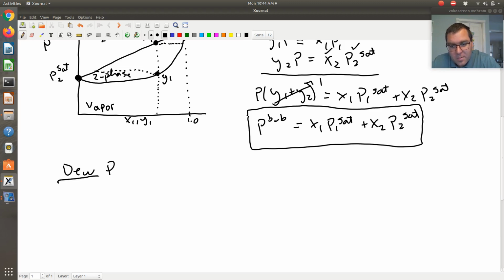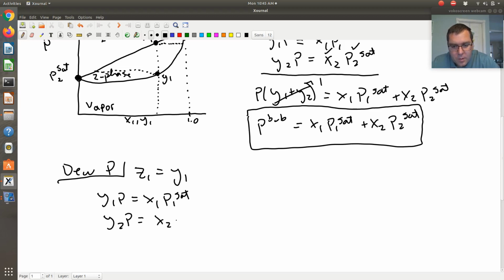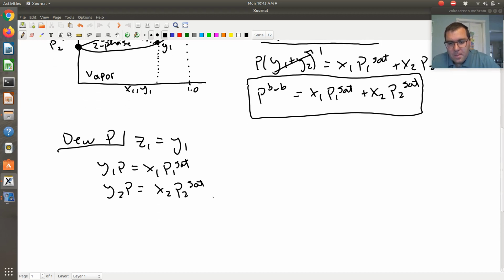Okay, dew P. Remember, what's key about dew P is that my mixture composition Z1 is just equal to Y1, my vapor composition. So if I write my 2 isofugacity equations now, okay, again, assuming Raoult's law is valid. All right, so now I know Y. That's just the composition of my mixture.